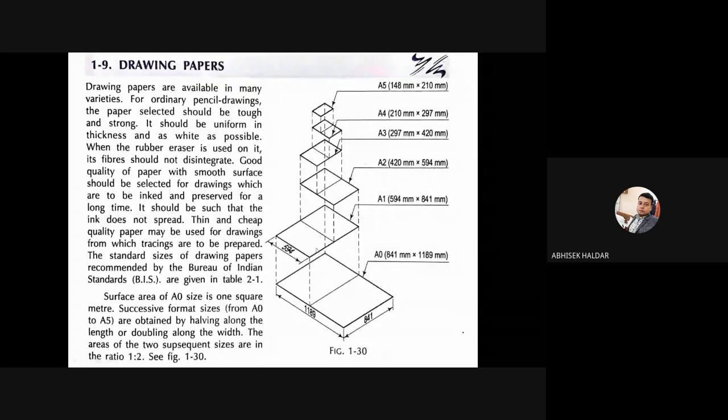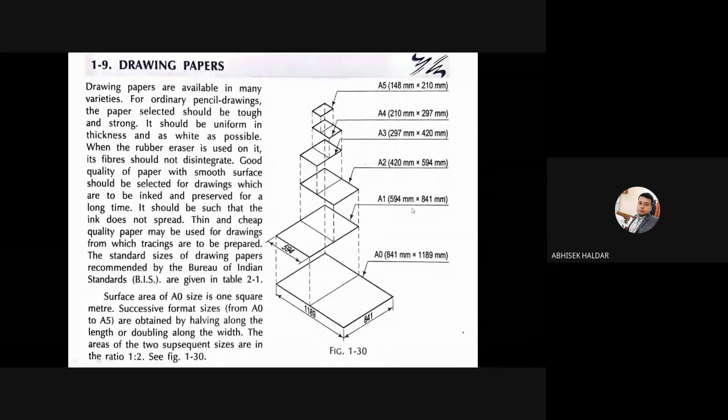In the same fashion, it is divided into two equal parts in length, so the length is getting halved. The width of the earlier size becomes the length of the next size, A1. 841 was the width of the A0 size paper, and here it is the length of the A1 size.